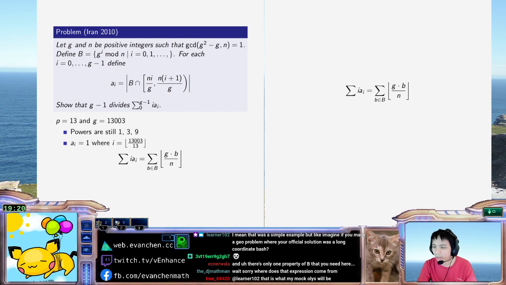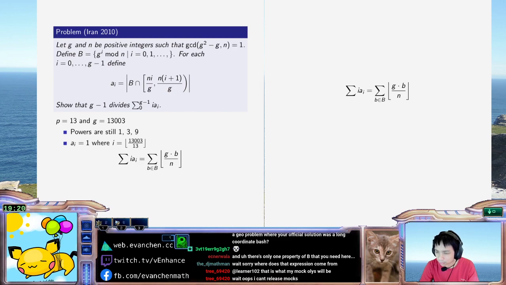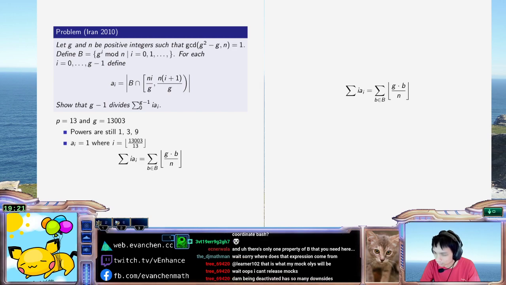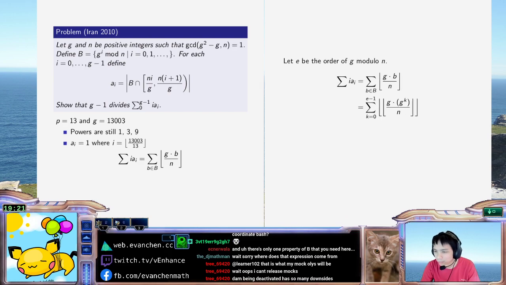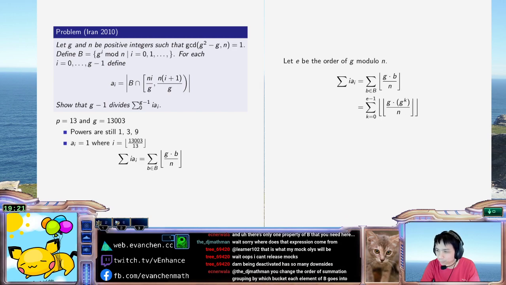And now we just sum for k equals 0 to E minus 1 of the floor of the fractional part of G times k plus 1, or something. Oh wow, I got so excited about the floors I put 2 of them.